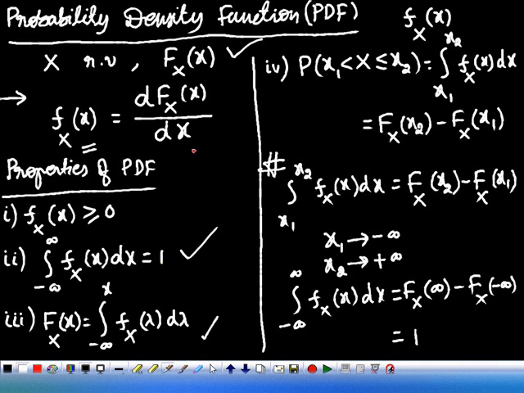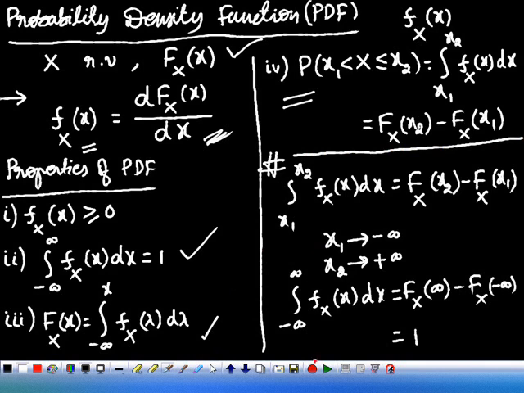And what about the third one? The third one can be obtained from this. If you integrate this equation on both sides, you will get the CDF in terms of the PDF. And how can you prove the fourth property? See, this is the proof of the second property.